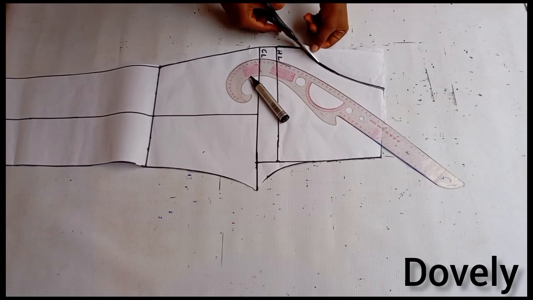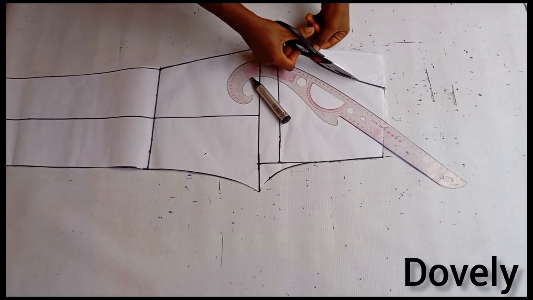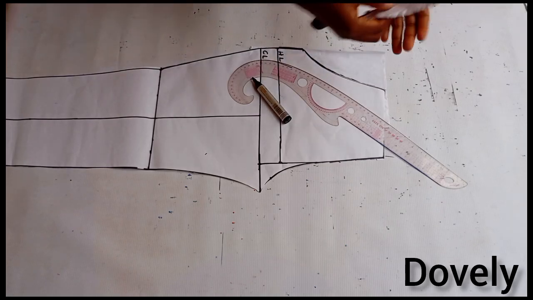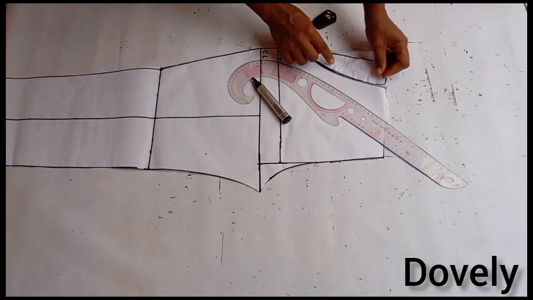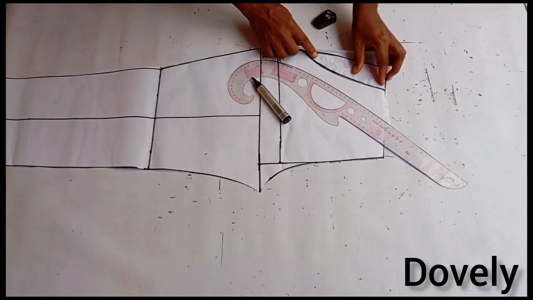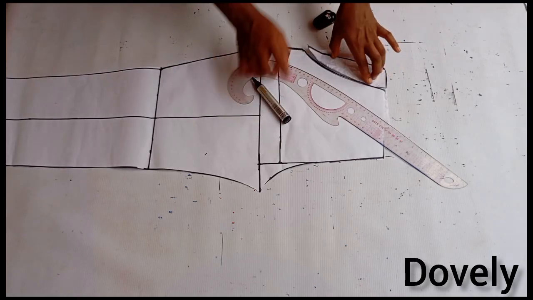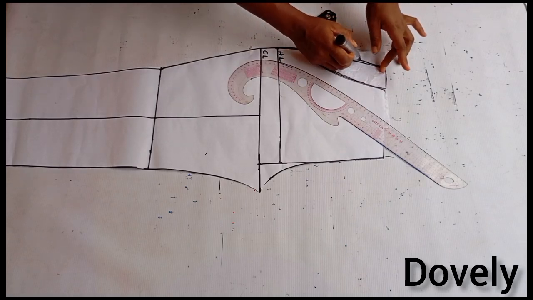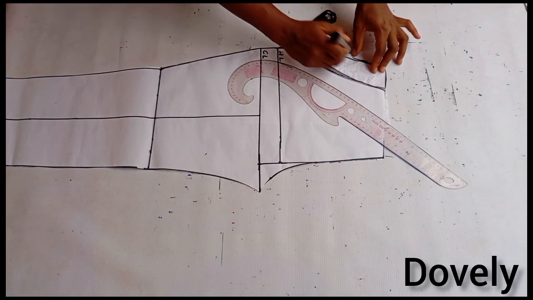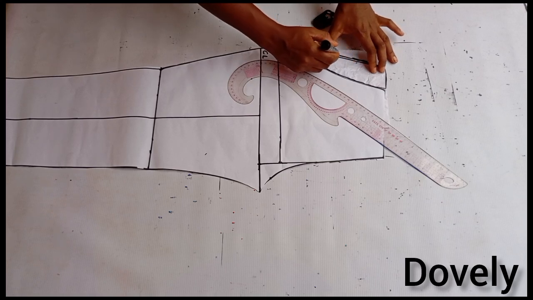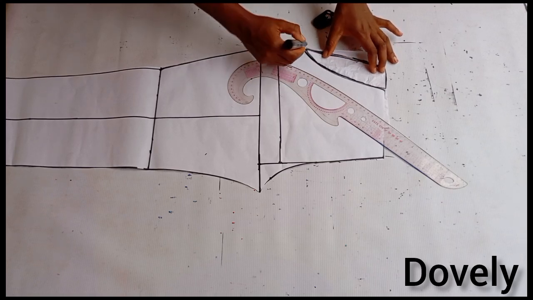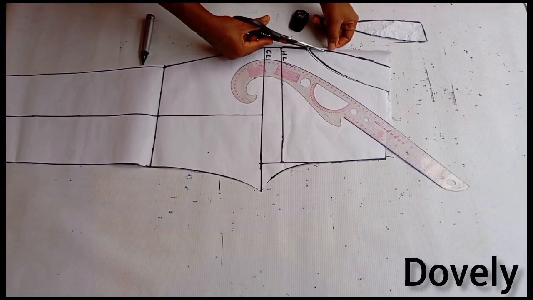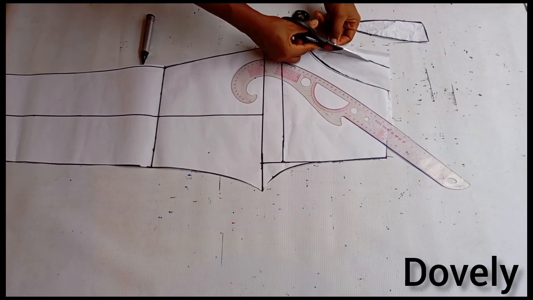Just for the first one, I'm going to cut it out, because my fabric is on fold. Then this other thing I cut out from the pocket, I'm going to use it to reshape this other side. So after reshaping it, I'm going to cut out the excess, and I have my pocket.